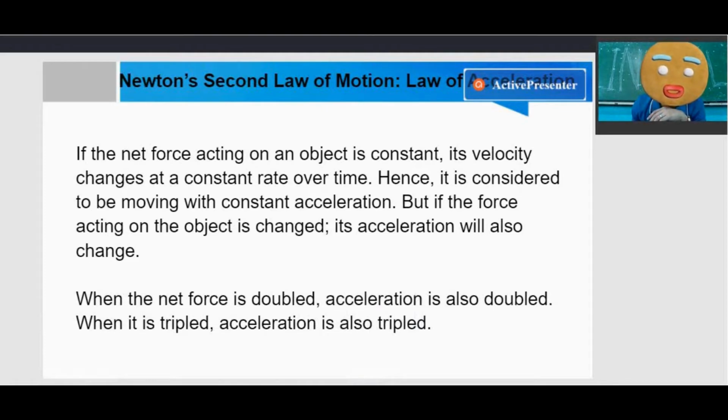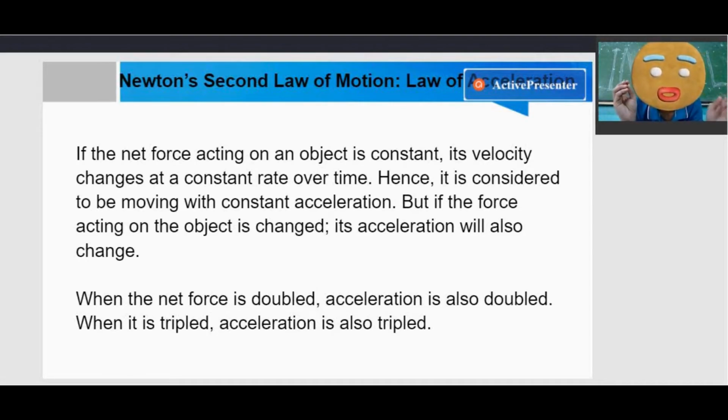Next is Newton's second law of motion, which is the law of acceleration. So here, acceleration is related to force. It means that the amount of force that we use affects acceleration.